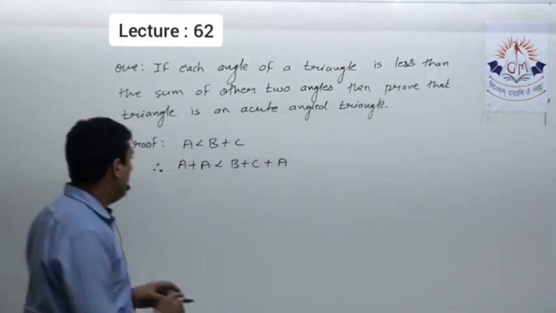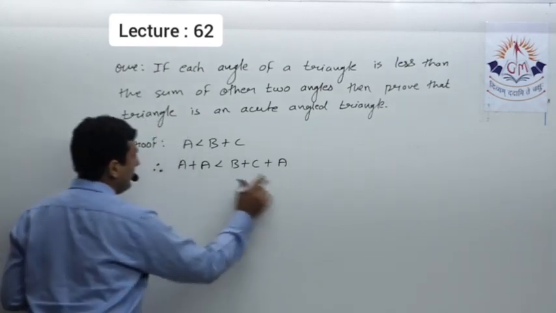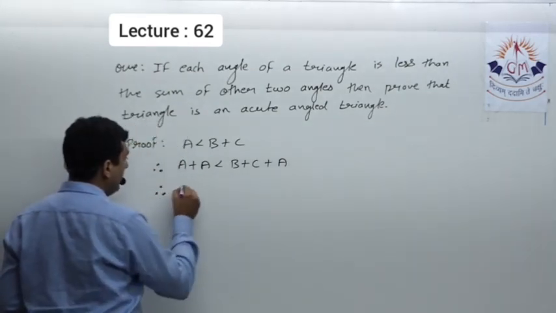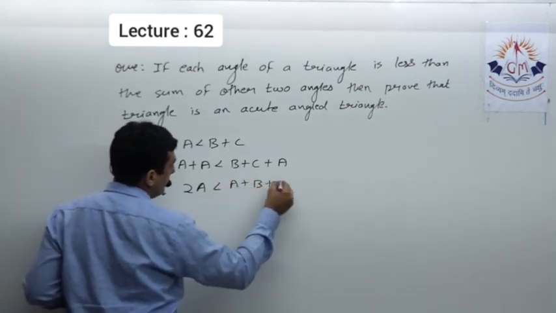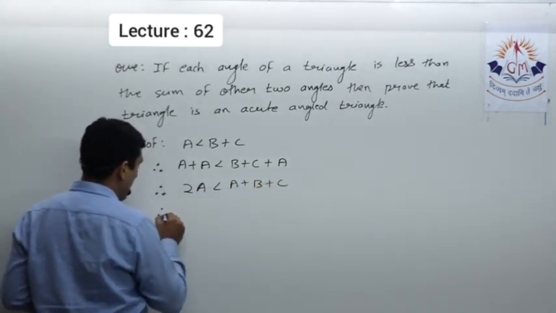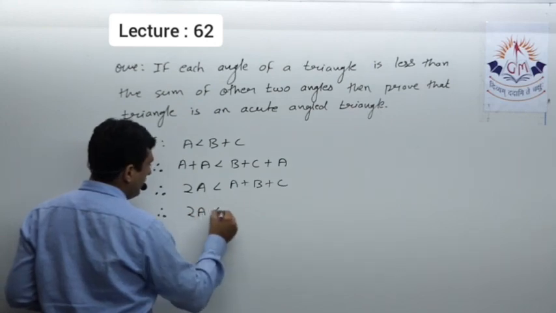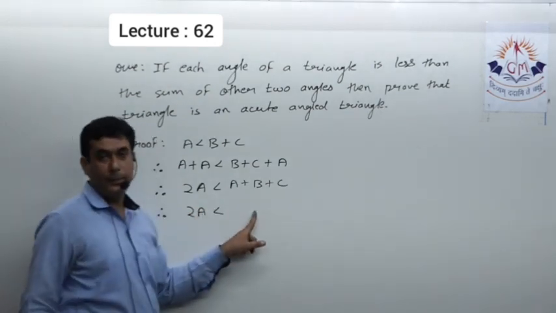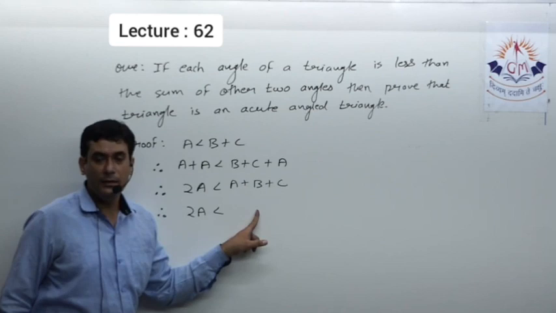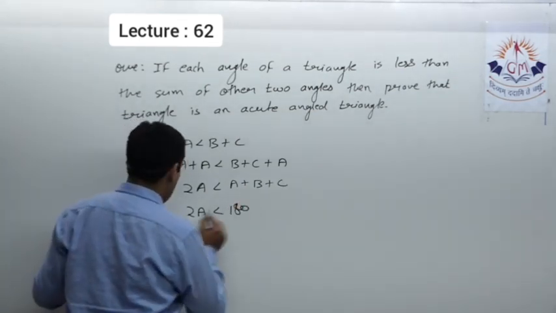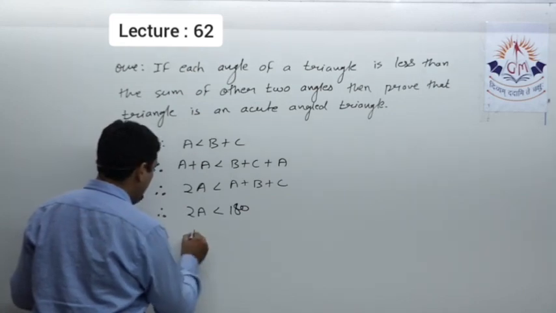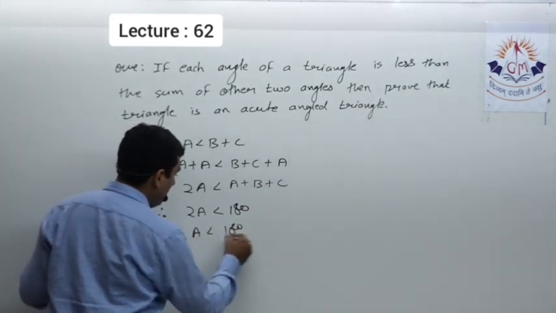So here A plus A is less than B plus C plus A. So I can write 2A is less than A plus B plus C. Now what is A plus B plus C? A, B and C are the angles of the triangle. So A plus B plus C can be written as 180. So here I can say A is less than 180 by 2.